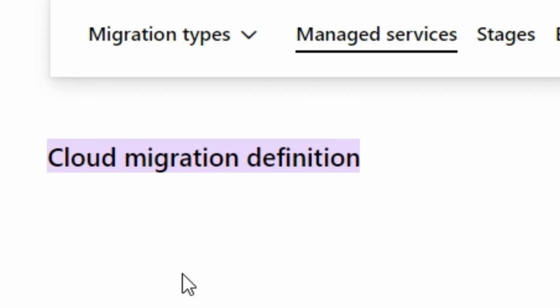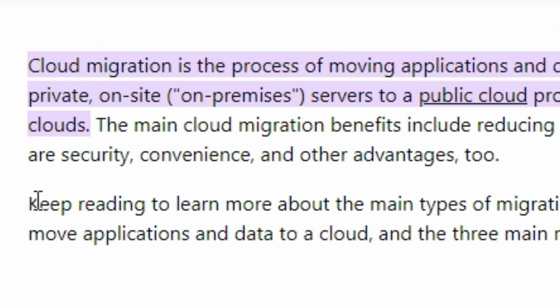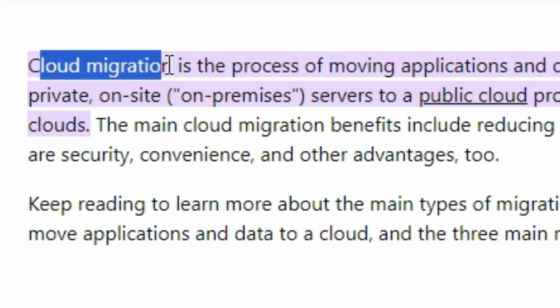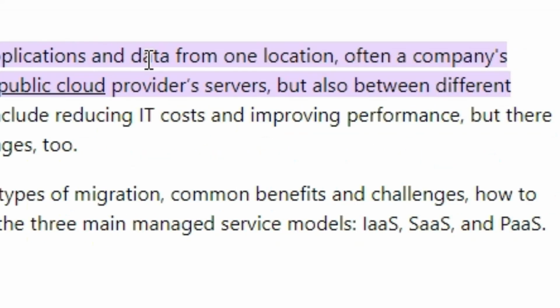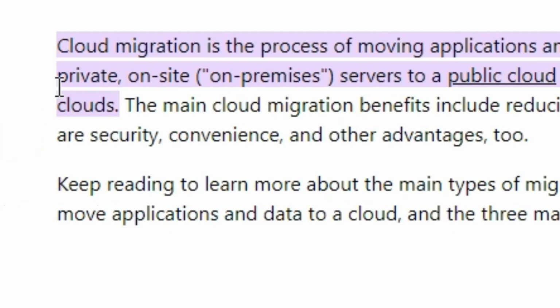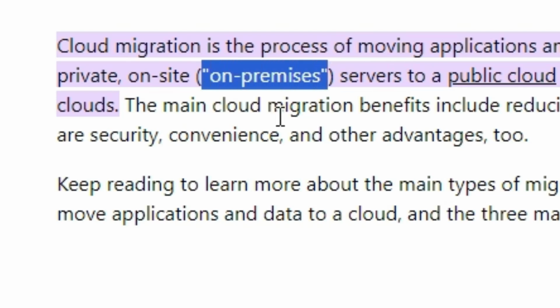First of all, we'll try to define what cloud migration is. Cloud migration is the process of moving applications and data from one location, often a company's private on-site servers. Whenever we say on-site servers, we use a word called on-premises or on-prem servers.